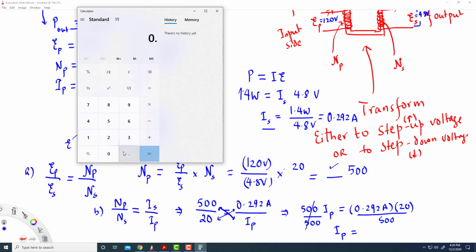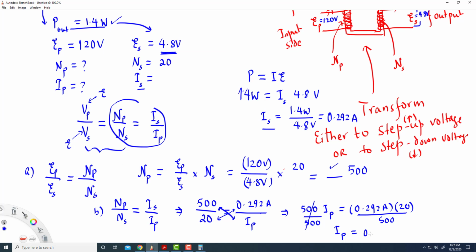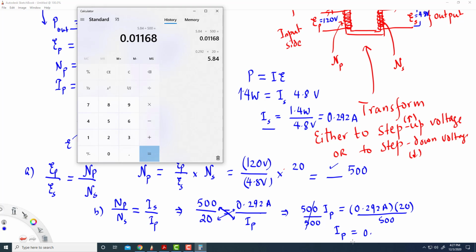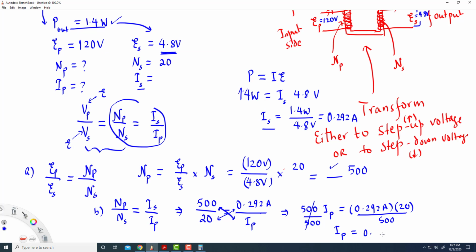That's 0.292 times 20 divided by 500. So that's 0.0116, 0.0117 with rounding. Okay, that's amperes.